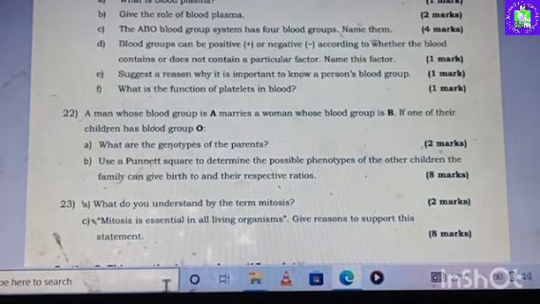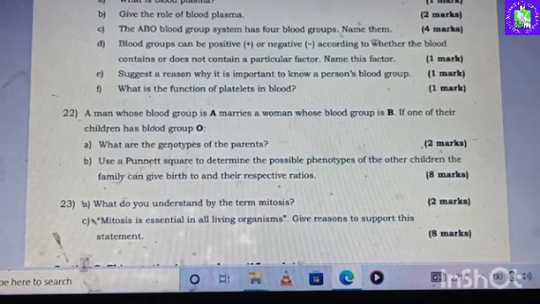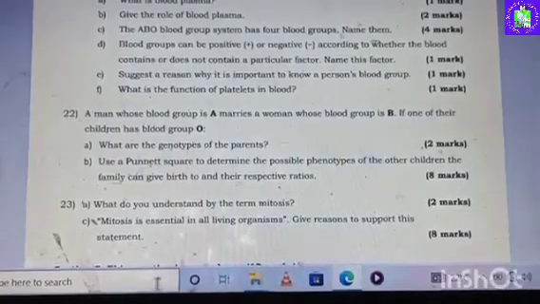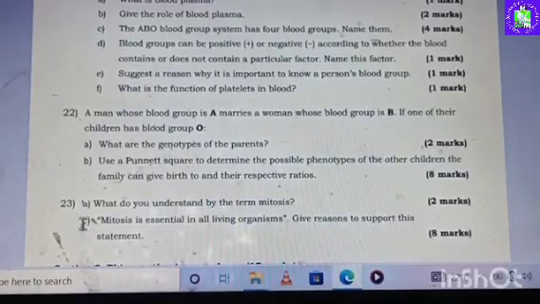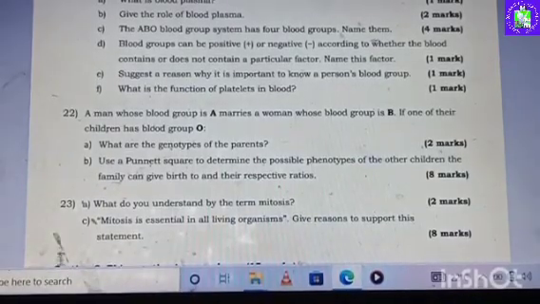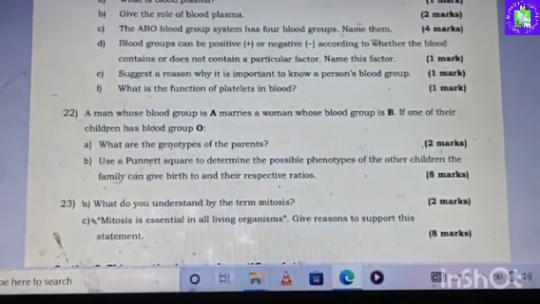By using Punnett square, we have AO, BO, then you cross with AB, and also OB, AO, OO. Meaning here we have blood group AB or blood group B, blood group A, and blood group O. That is the possible.